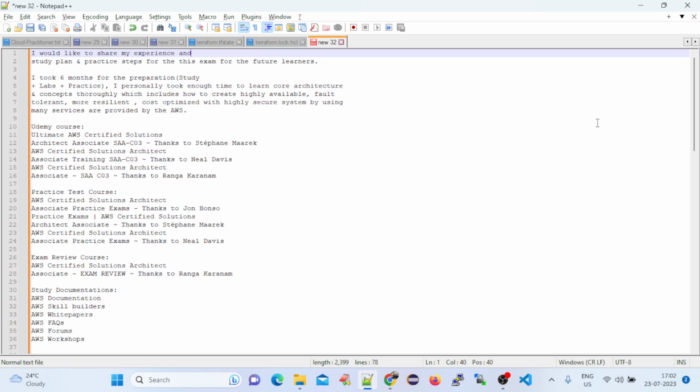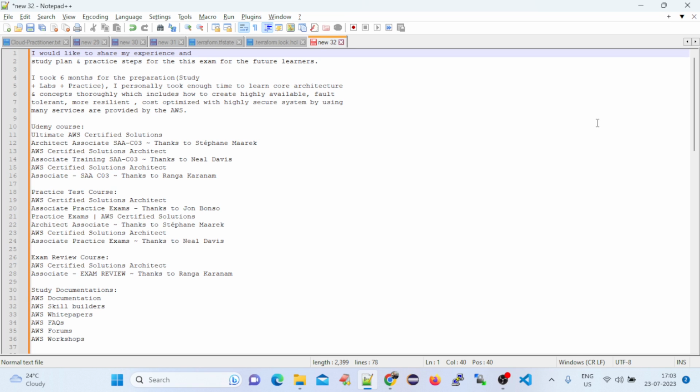Also, whenever you study or read about a particular service, please understand the concept, how it works, and in which scenarios the service is going to be used.